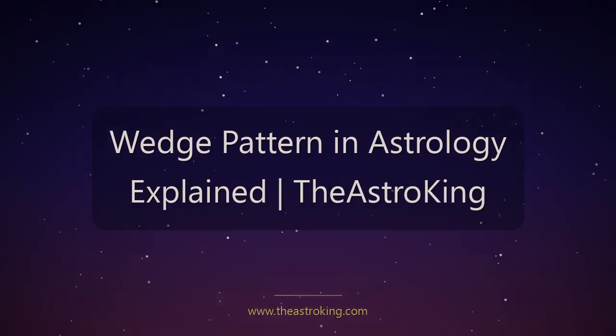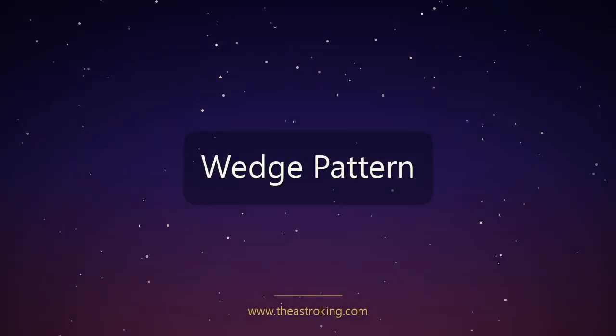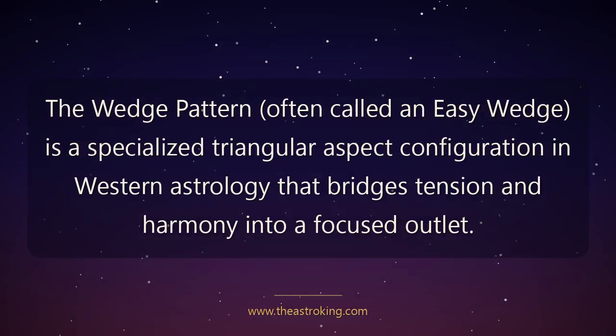TheAstroKing. Wedge pattern. The wedge pattern, often called an easy wedge, is a specialized triangular aspect configuration in Western astrology that bridges tension and harmony into a focused outlet.